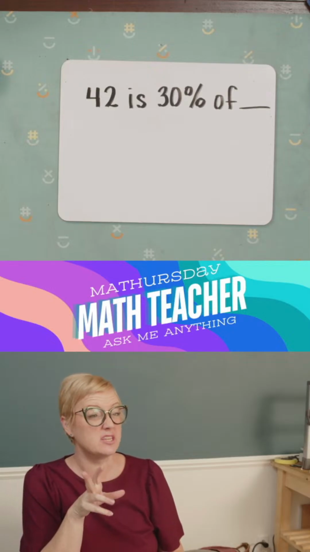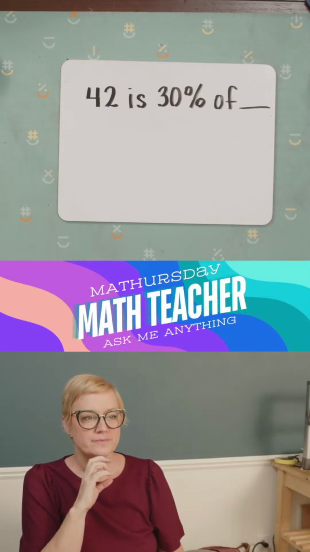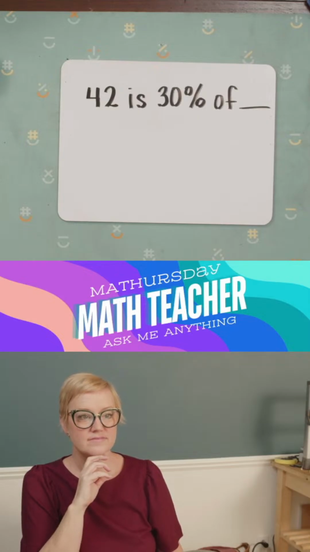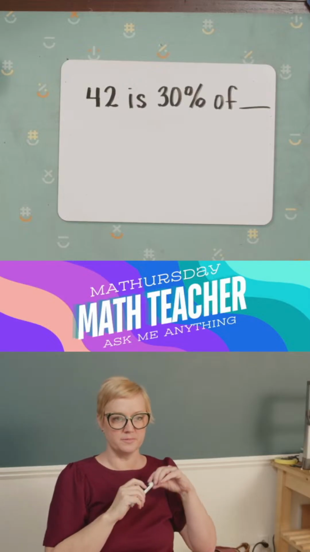There's a lot of different ways that you can do tables with missing numbers. Okay, of does usually mean multiply, yep.